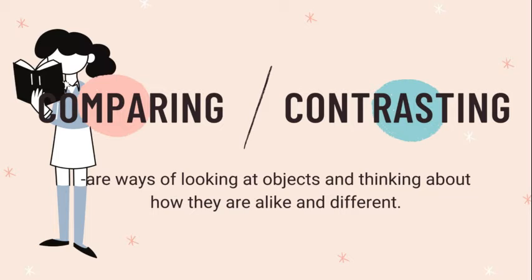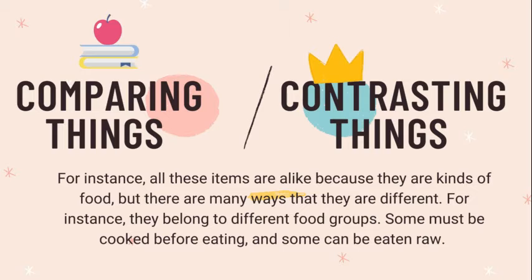For instance, all these items are alike because they are kinds of food, but there are many ways that they are different. For instance, they belong to different food groups. Some must be cooked before eating, and some can be eaten raw. When you write compare and contrast, you will pay attention to these kinds of details.